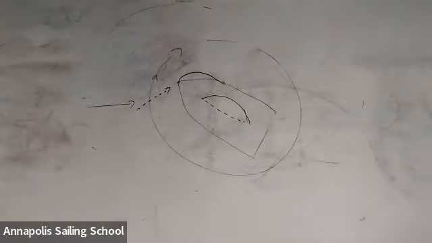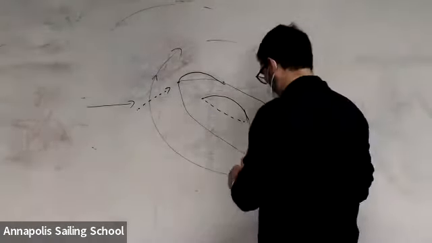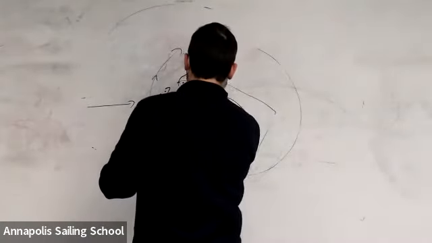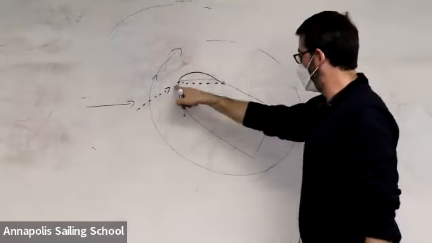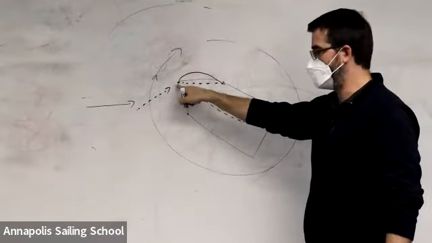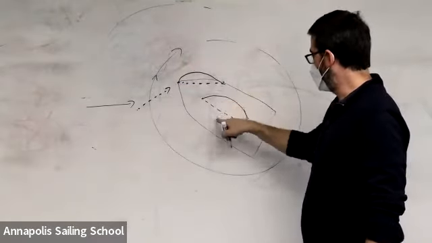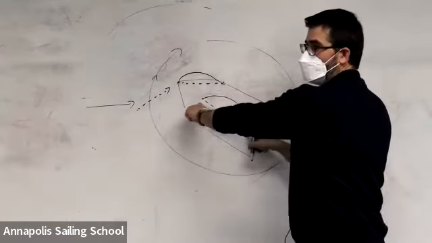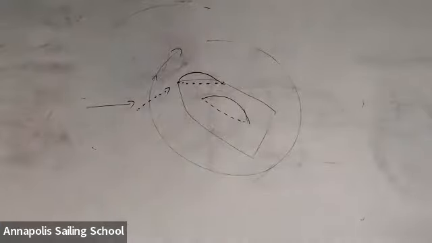So the angle of attack automatically is hugely different, because if you think about the angle of attack from where the tack is and where the clew is, these angles are really different, right? Because this is going to an outboard point on the boat. This is right along the center line.